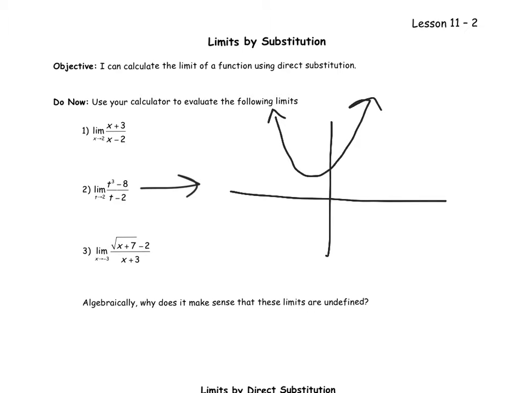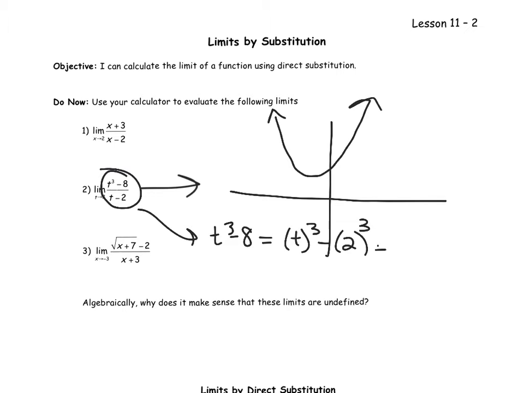Now, I'm getting a little ahead of ourselves here, but you should notice that this is actually able to be factored. If I were to factor this by using my sum and difference of cubes, you see how I have t cubed minus 8? Well, I can rewrite this as t cubed minus 2 cubed, and there is a formula. Following my formula, I would have t minus 2 times t squared plus 2t plus 4.